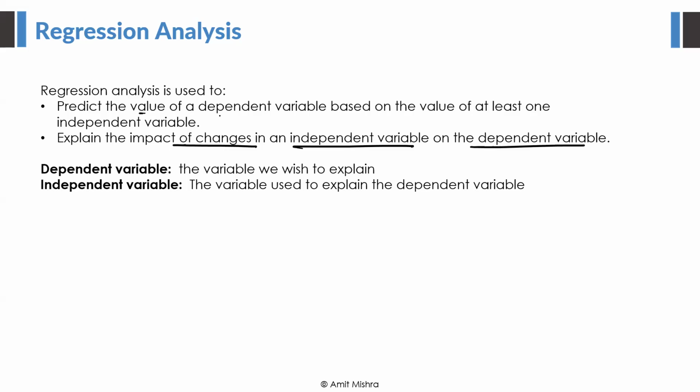So we predict the value of a dependent variable based on the value of at least one independent variable. The dependent variable is the variable that we wish to explain, and the independent variable is the variable that is used to explain the dependent variable. Okay.